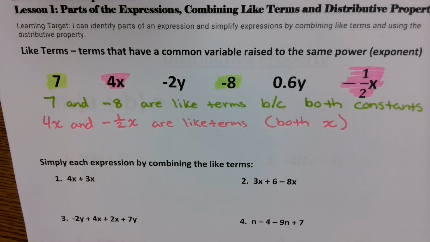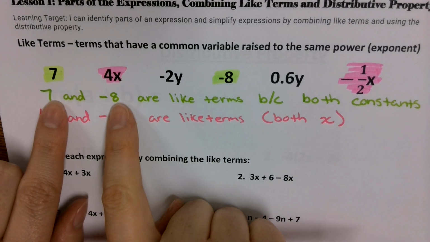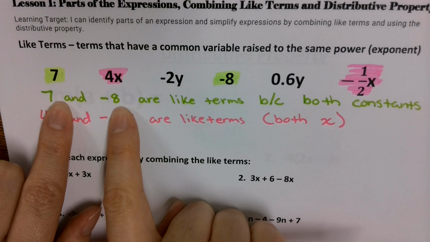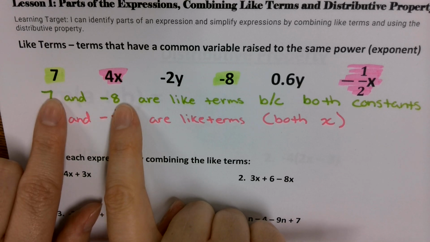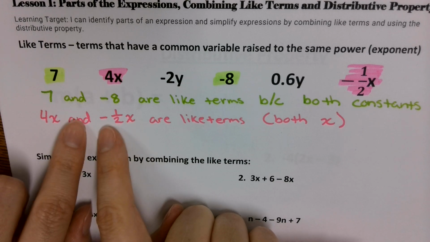It's not the positive or negatives that are making them like terms. It's the variable that makes them like terms, or the lack of variable. So a constant doesn't have a variable. That's what makes them in common. They're just numbers. These have an x in common. So that's what makes them alike.